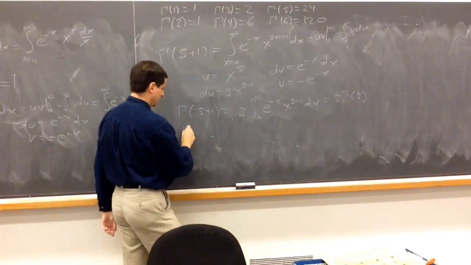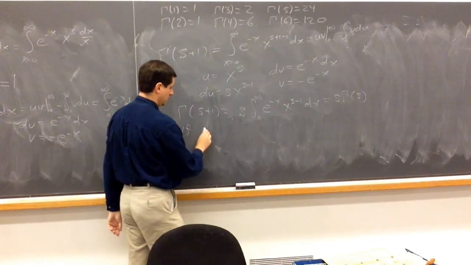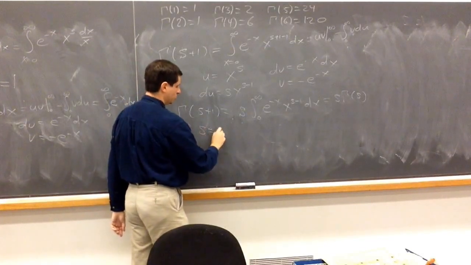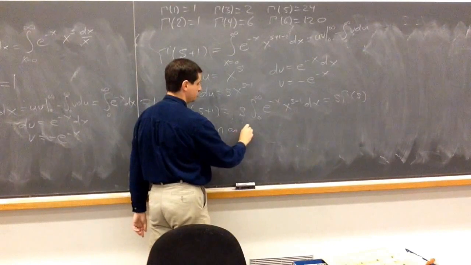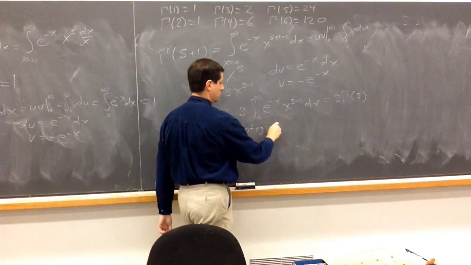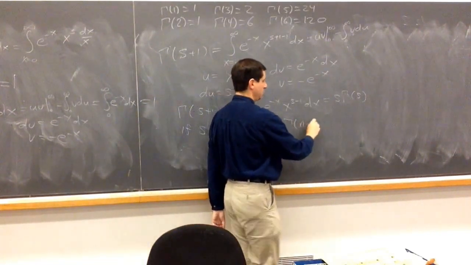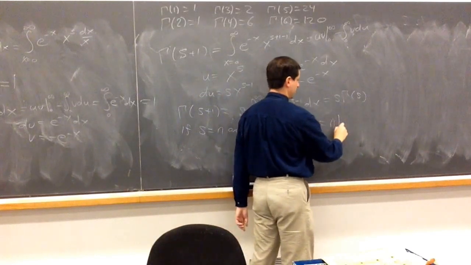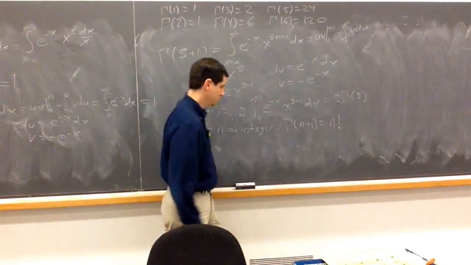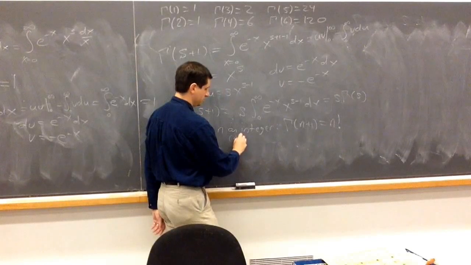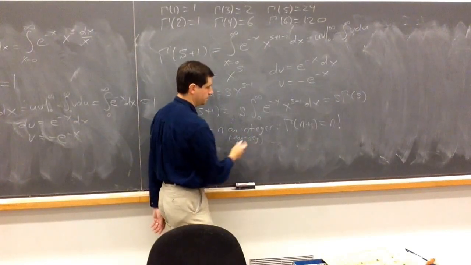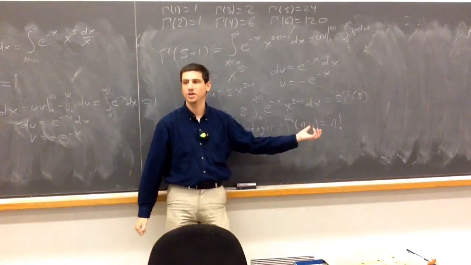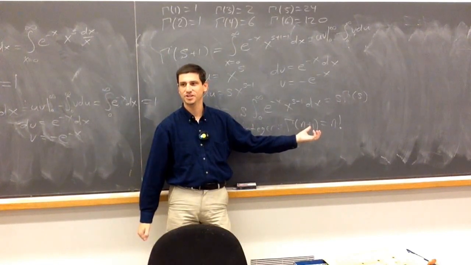So if s equals n, an integer, we get gamma of n plus 1 is n factorial. We'll say n is a non-negative integer. This is a little bit annoying, right?